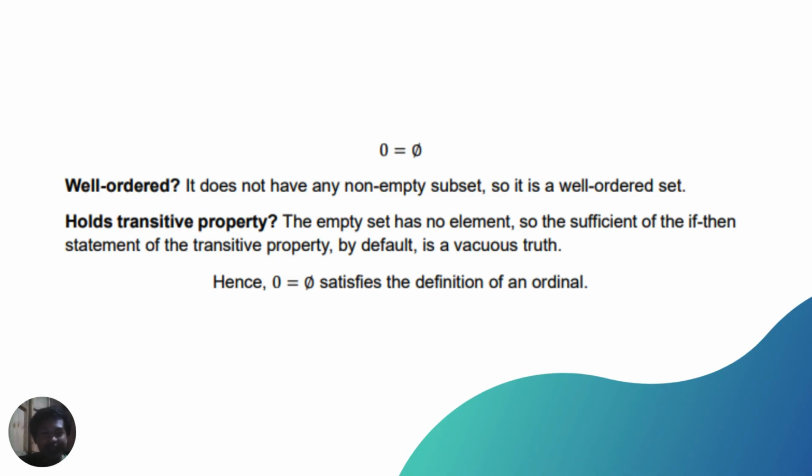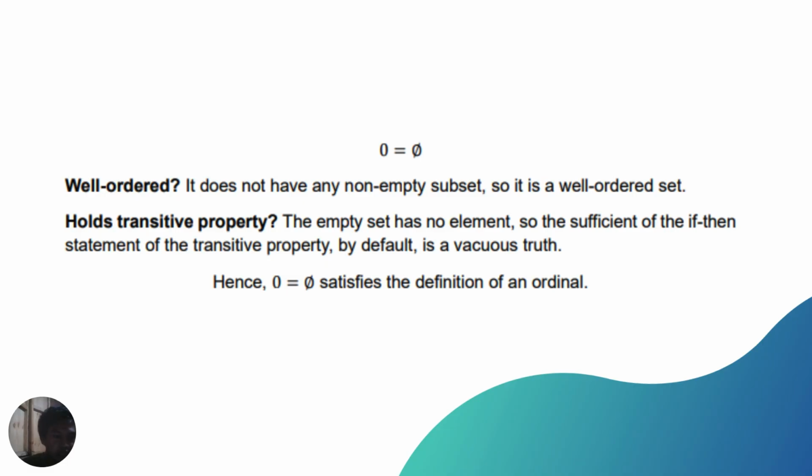What I mean is that if the antecedent is false, then the whole implication is considered vacuously true. Since an empty set doesn't have any non-empty subset, which makes the antecedent false, then by vacuous truth, 0 is considered well-ordered.